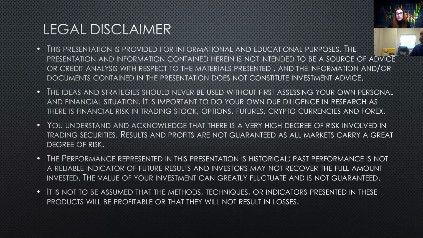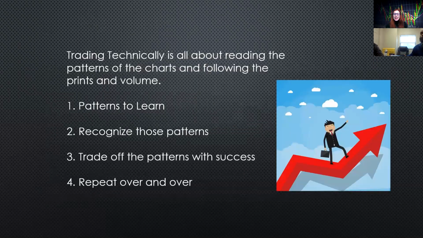All right, moving forward. So trading technically is all about reading the patterns of the charts and following the prints and the volume. So once you guys know all about the dark pool prints, you've already seen some of them, especially during my midday streams. When you follow them, you tend to have higher success rates.